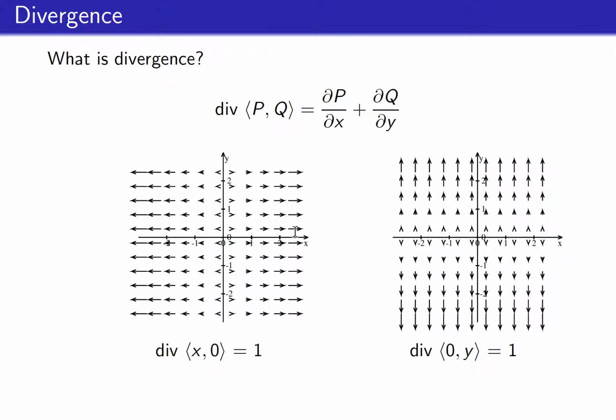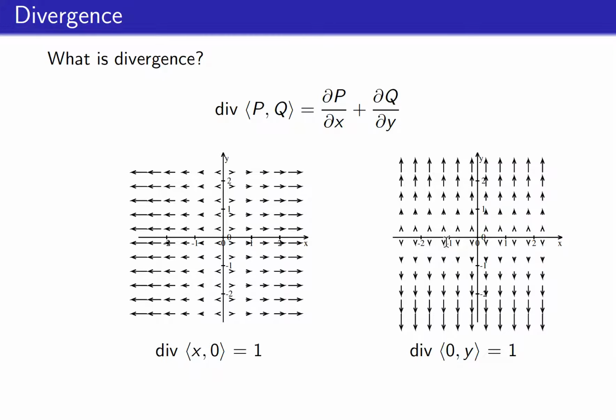This is moving a little, this is moving a lot, so it's stretched here too. The partial derivative of p with respect to x, that is the partial derivative of x with respect to x, is 1, the partial derivative of this one is 0, and 1 plus 0 is 1. This says there's a constant divergence here. Everywhere it's diverging exactly the same. Its divergence is the constant 1.